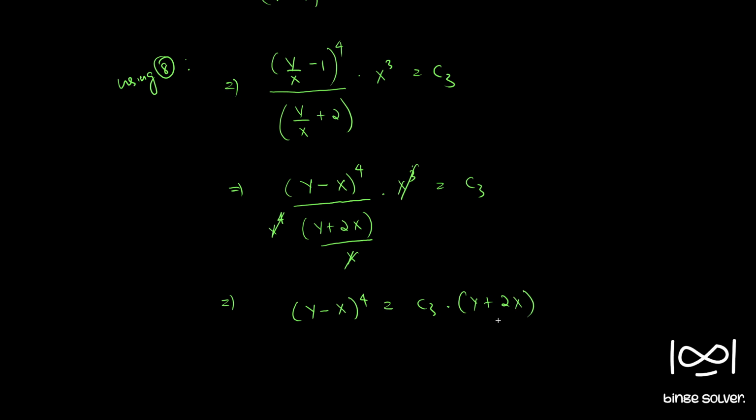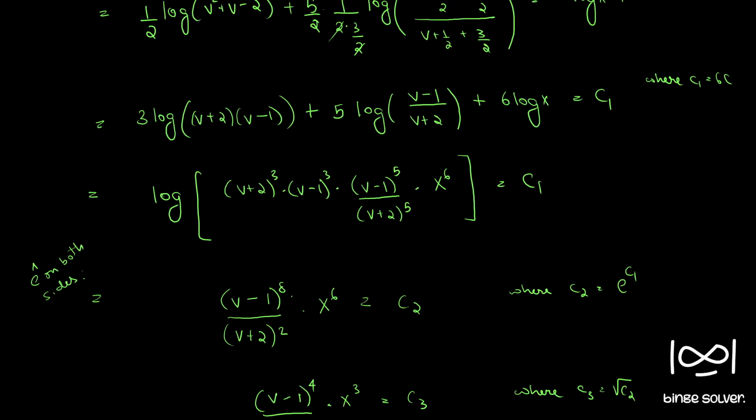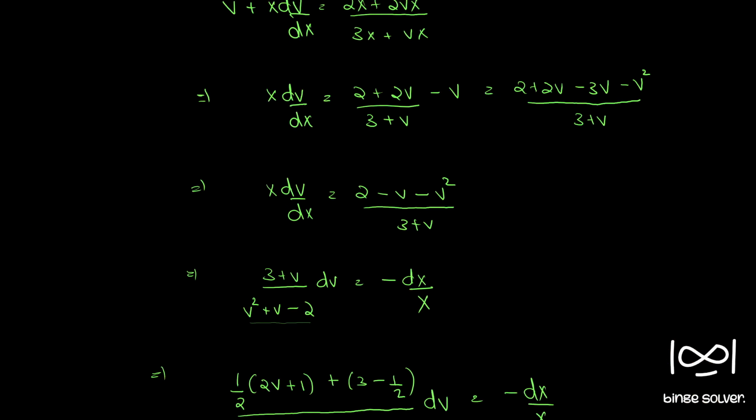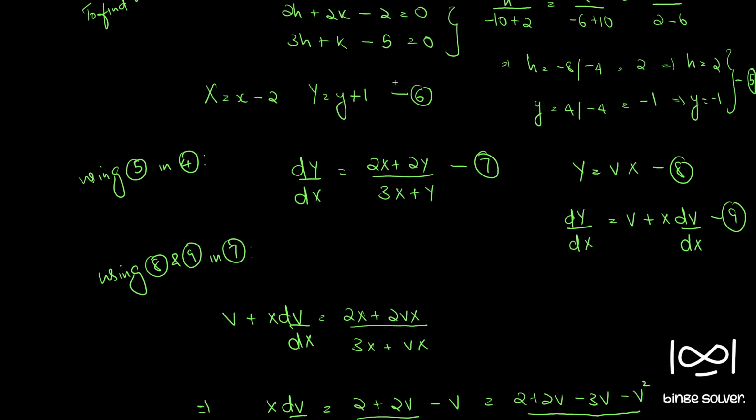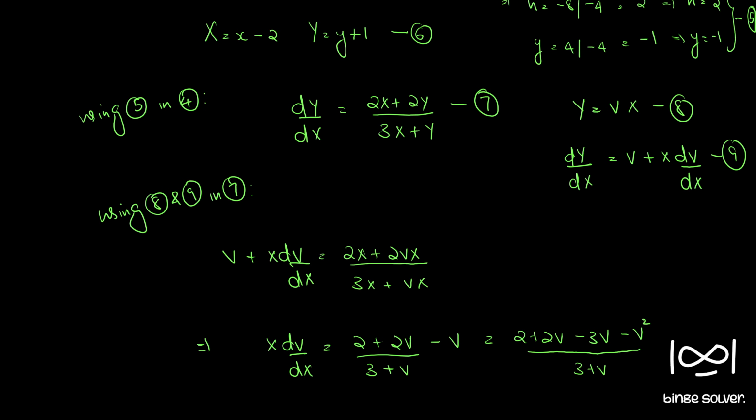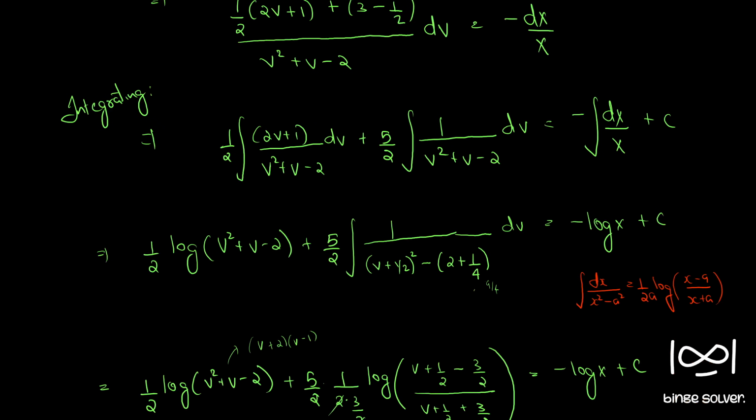So now we got an equation. Now we have to substitute from equation 6. There is equation 6, capital X is equal to small x minus 2 and capital Y equal to small y plus 1. We can use the substitution y plus 1 and x minus 2.